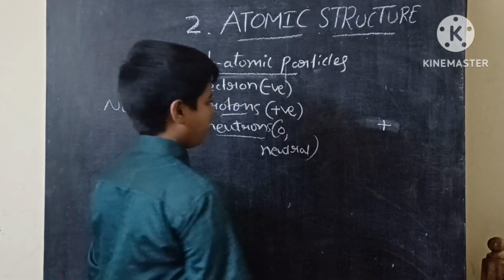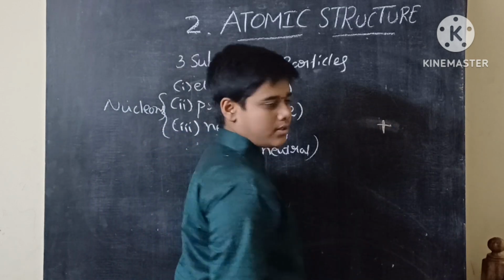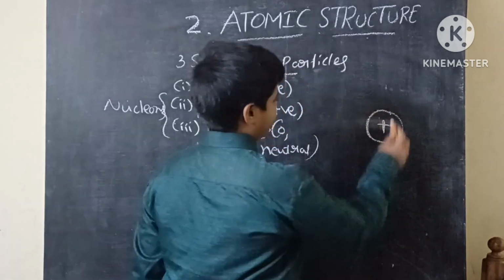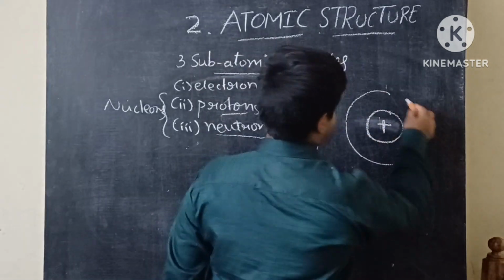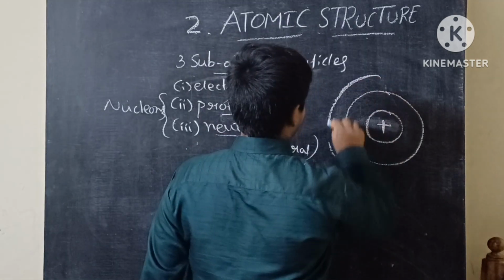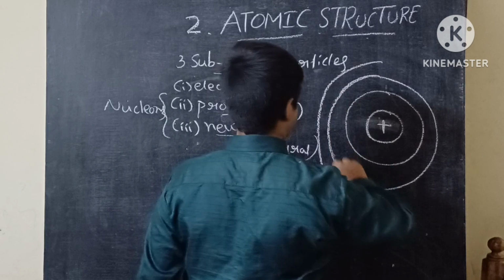Okay. So if you see here, the plus symbol means positive charge, which means protons are there. So this is surrounded with a shell, and this is the first orbit in which electrons revolve, and the second orbit. In this also electrons revolve, and the third orbit.